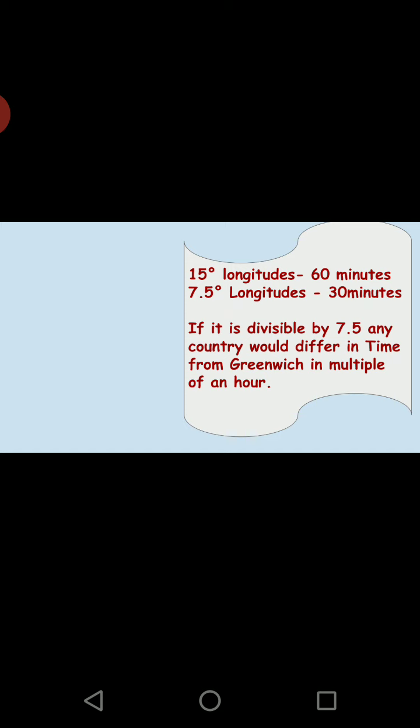What happens because of that? If it is divisible by 7.5, any country would differ in time from Greenwich by a multiple of half an hour. India is ahead of London by 5.30 hours. Pakistan is ahead of London by 5 hours. Washington DC, USA, is behind London by 5 hours.